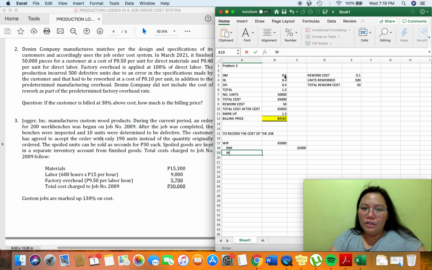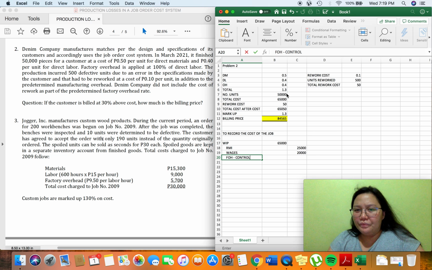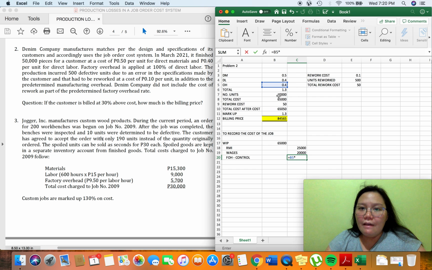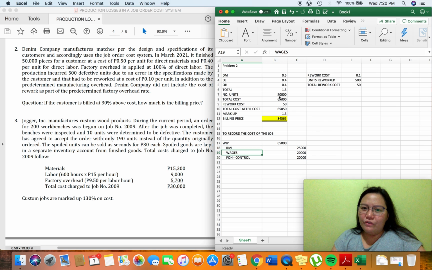Then we have to credit wages. So we have 0.4 times 50,000 units. And then, of course, we have to credit factory overhead control. So we have 0.4 multiplied by 50,000 units as well. So this is our entry to record the cost of the job.